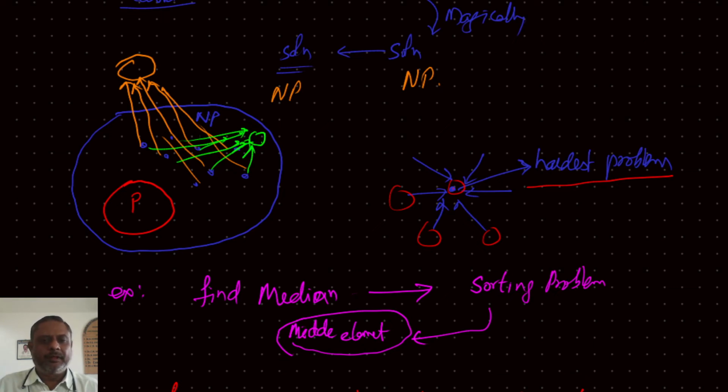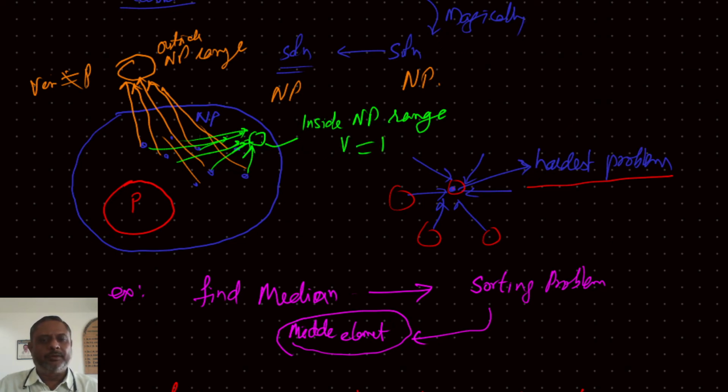Therefore, for this one, if a solution is given, we can verify it in polynomial time. Whereas this is outside our NP range, so verification is not possible in polynomial time, whereas for this, verification is possible in polynomial time.